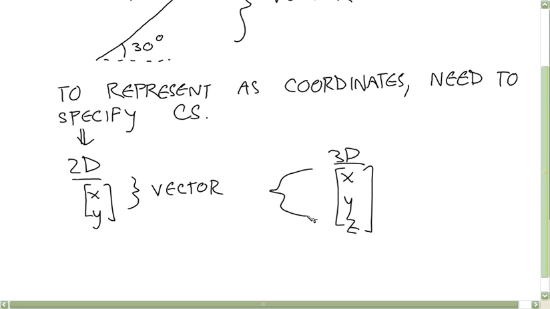Keep in mind that this is just equivalent to x, y, 0. So keep in mind that any 2D vectors you can do as a 3D calculation by just setting the third component to 0. Okay?